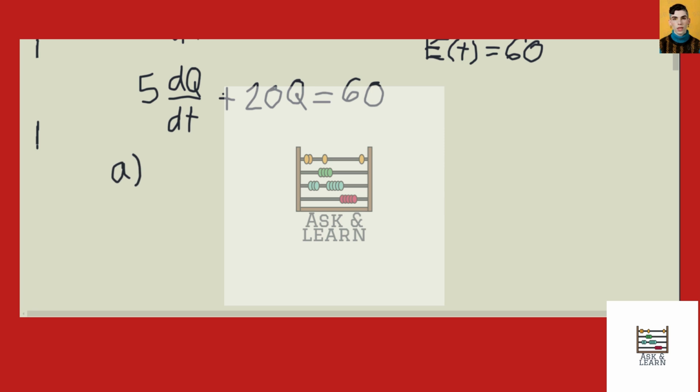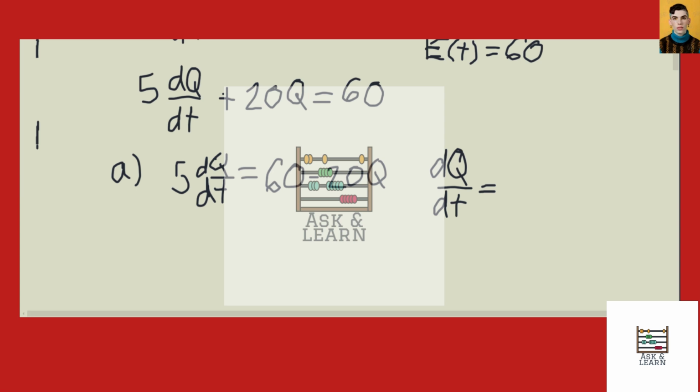In part A, we are asked to draw the slope field of this equation. We can simplify this first by writing this as 5 dq dt is equal to 60 minus 20q, so that dq dt, which is also Q prime, the derivative with respect to time, is equal to 60 divided by 5, which is 12, minus 20 divided by 5, which is 4.